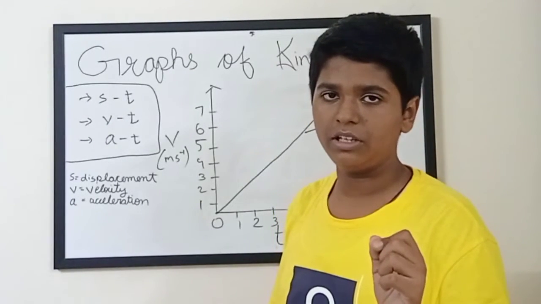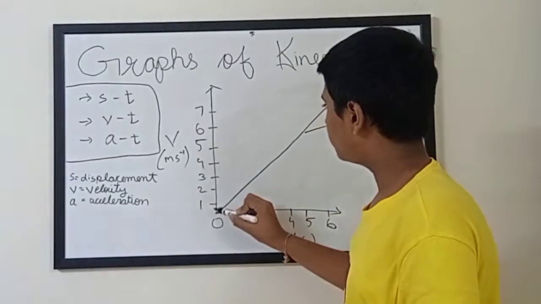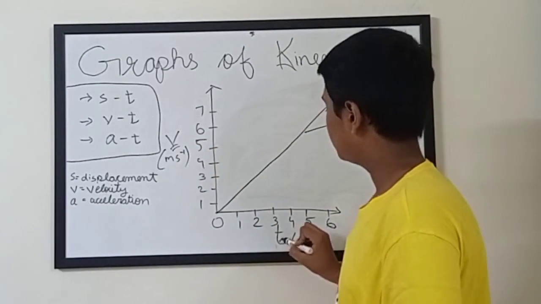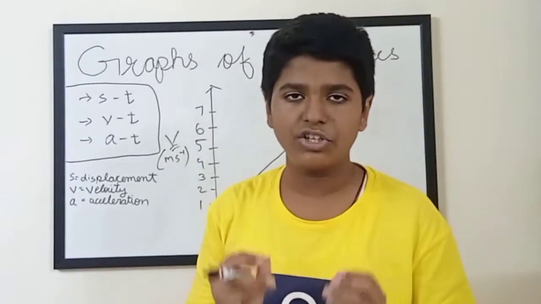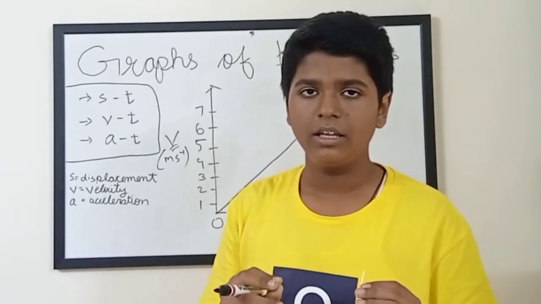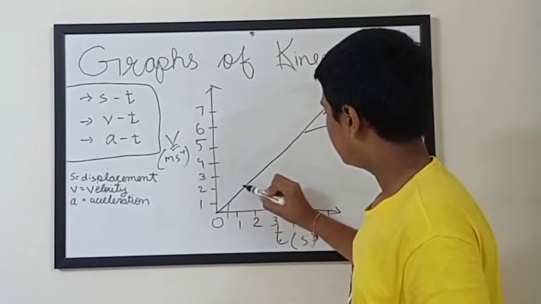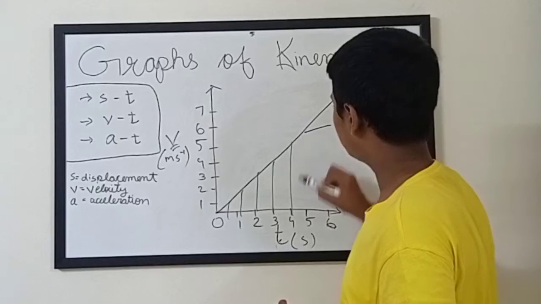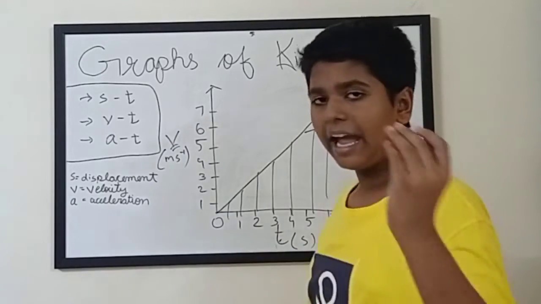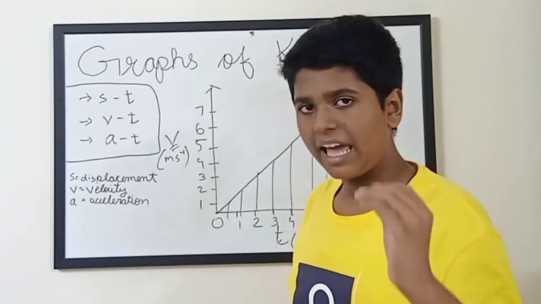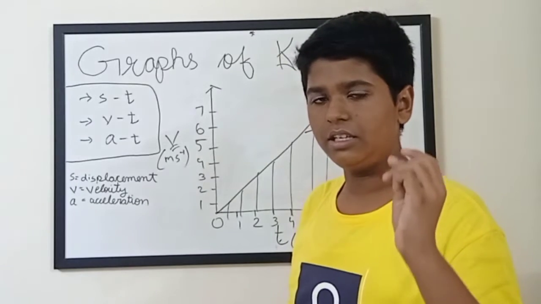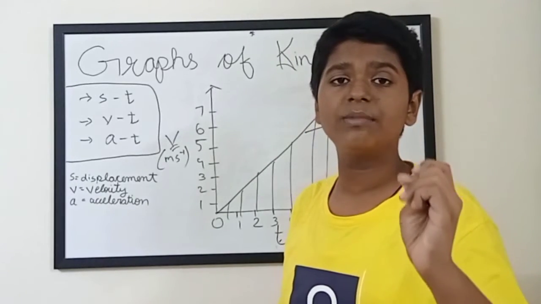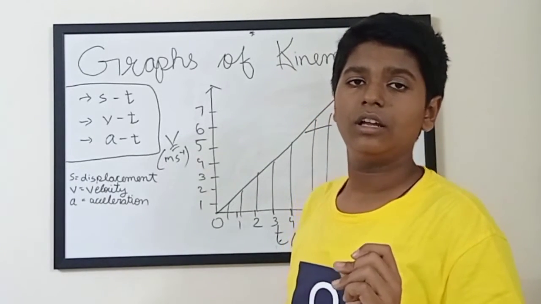Listen to me carefully. The slope of the velocity time graph gives us acceleration, while the distance between the slope and the x-axis gives us the displacement of the body.